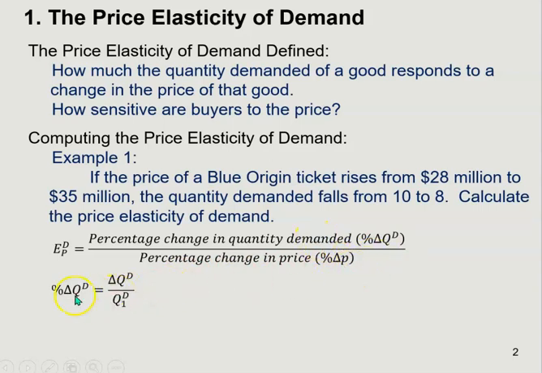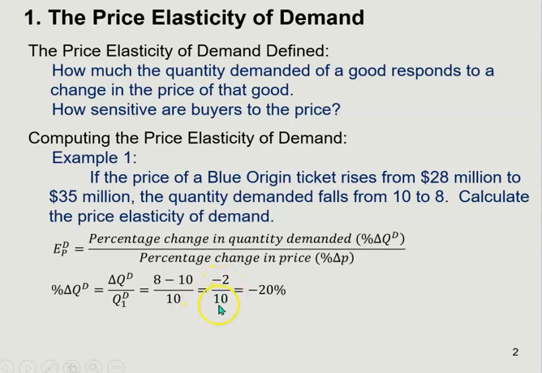So here, the percentage change in quantity demanded equals the change in quantity demanded divided by the initial level of quantity demanded. That means here, because it falls from 10 to 8, we're gonna use 8, which is the final level, or the after the change, minus the initial level 10, divided by the initial level. Remember, the denominator is going to be the initial level.